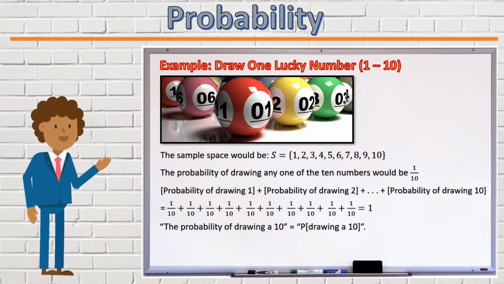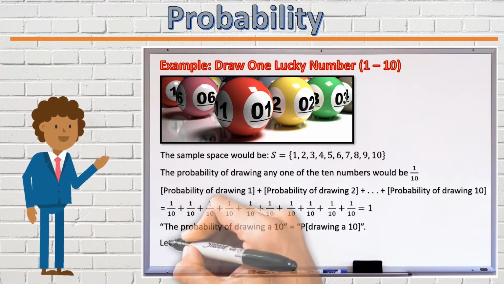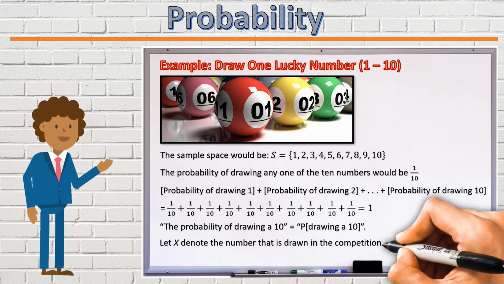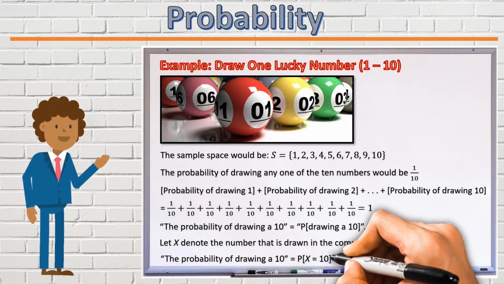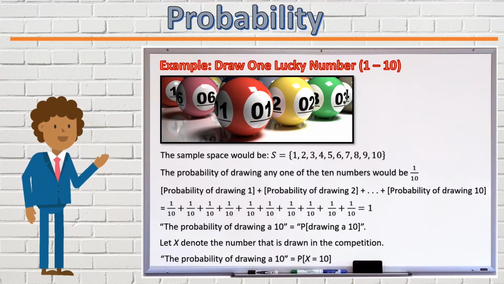We can make our lives even easier by denoting our random variable using an algebraic symbol. For example, let X denote the number that is drawn in the competition. After defining our random variable X, we can then write the probability of drawing a 10 as P(X = 10). When using algebraic symbols to define variables, we always use capital letters.